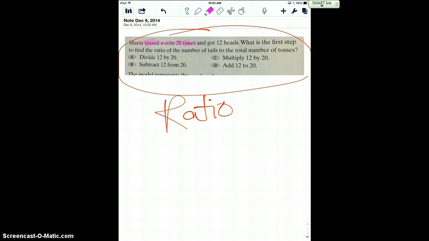She has nothing else to do, so she's tossing a coin. She's saying, how many times did I get heads? I got heads 12 times. So the question is, what is the first step to find the ratio? The ratio of what? The number of tails to the total number of tosses.